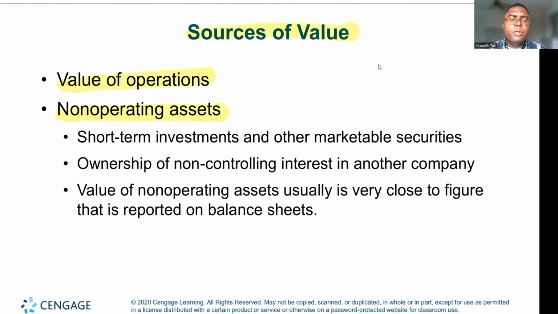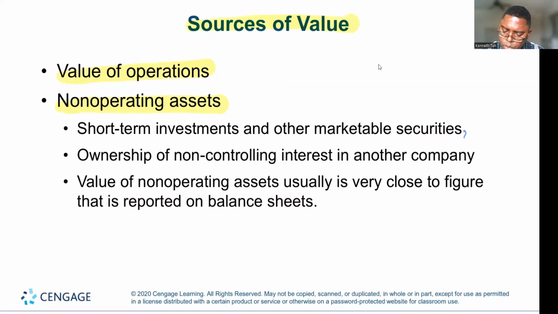And then value can also come from non-operating assets, which is the secondary source of value, and it comes from non-operating assets, especially financial assets. This can include things like T-bills. In other words, these are short-term investments and other marketable securities. An example, I just said, is something like T-bills. So that is how we get the value of a company.